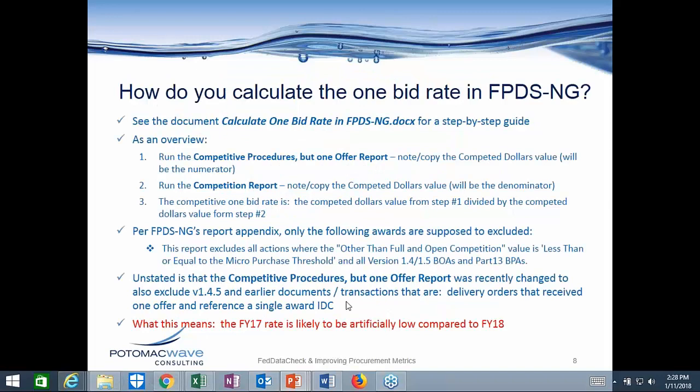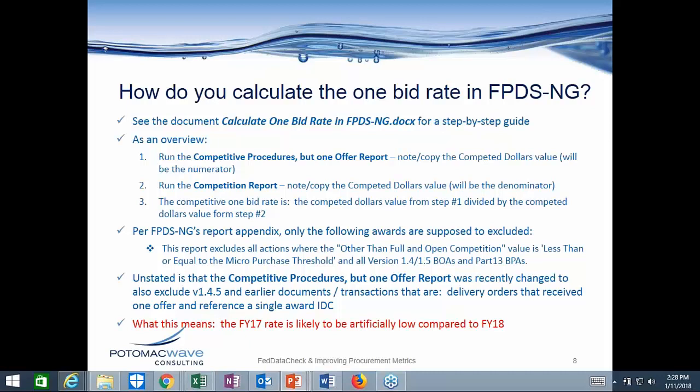And the issue here, unstated in the report appendix, is that FPDS NG recently changed the methodology for their competitive procedures but one offer report. There's an additional exclusion that they're not telling you about. And that is they are now throwing out awards that are version 1.4.5 documents, not the latest documents, but the earlier ones.